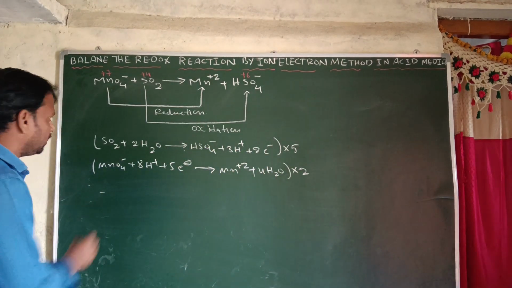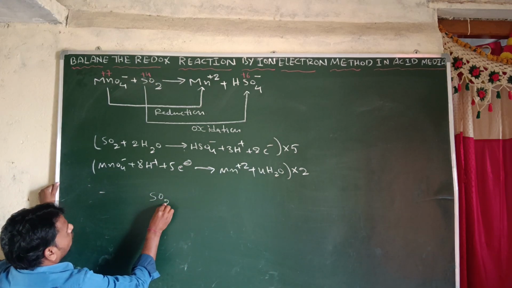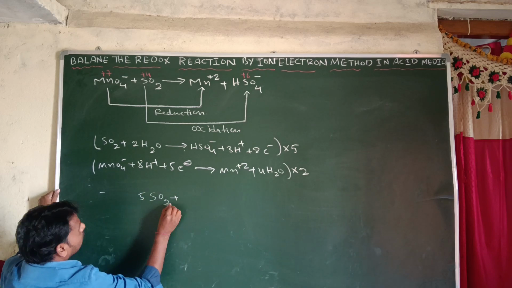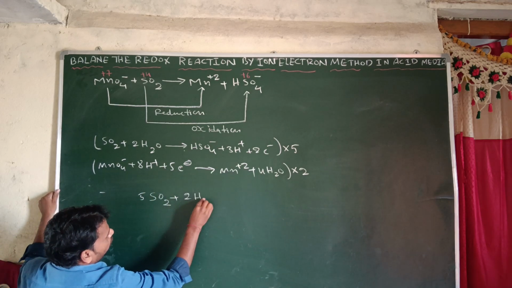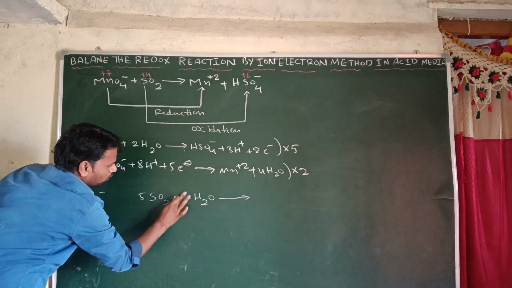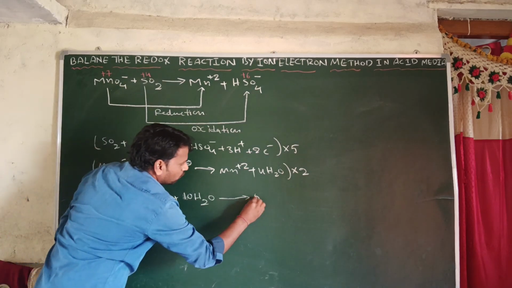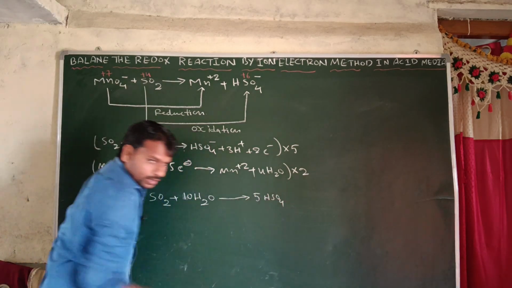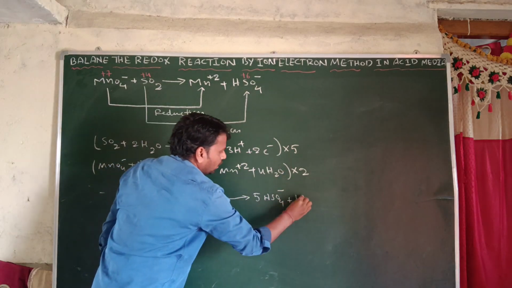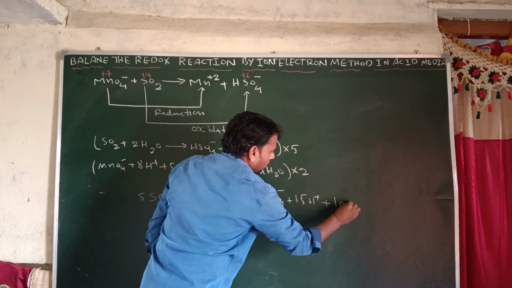Let us write the total equation. 5 into SO2, we write 5 SO2 plus 5 twos are 10 H2O gives rise to 5 HSO4 minus plus 5 threes are 15 protons plus 5 twos are 10 electrons.